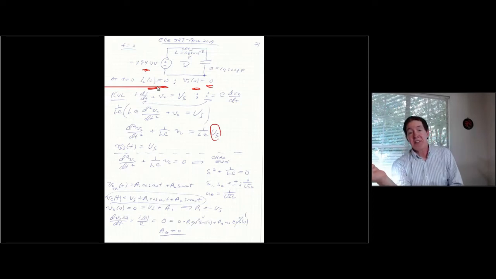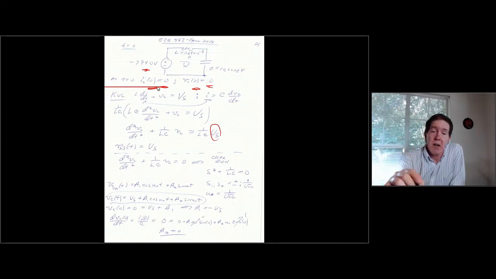So what do we have in steady state? Remember, the capacitor in a DC circuit is going to tend to look like an open circuit, and the inductor is going to look like a short circuit. So basically in steady state, that capacitor is going to have the source voltage across it. And so we would say V_C,SS in steady state is whatever the source voltage is in our model.